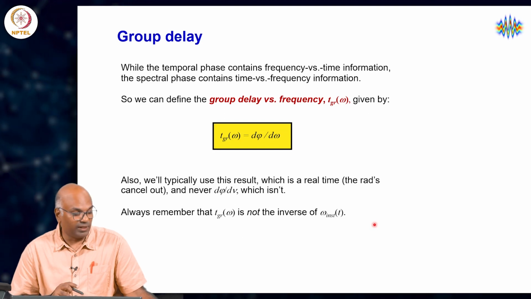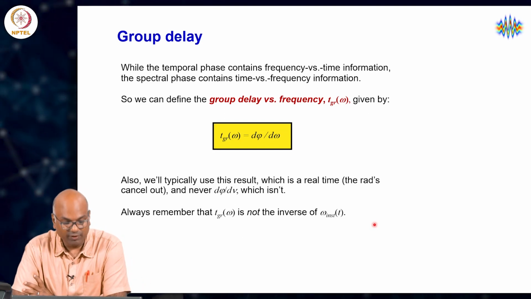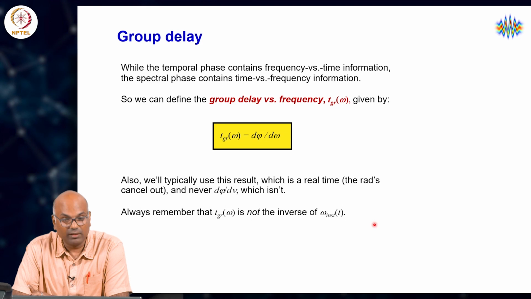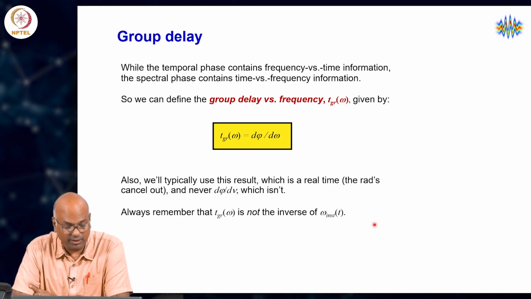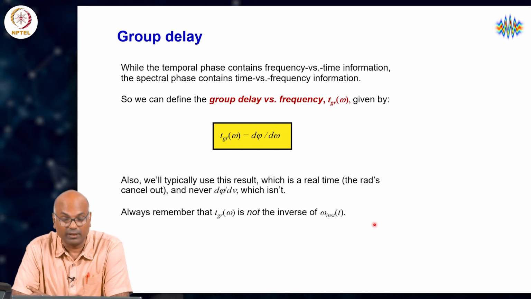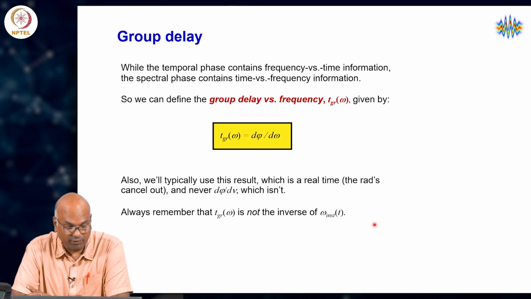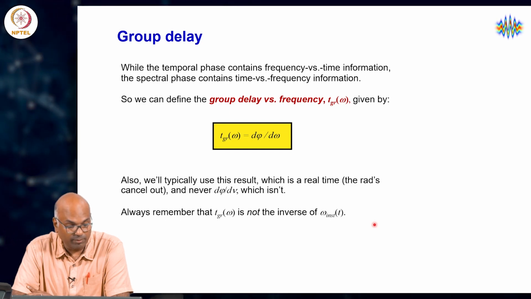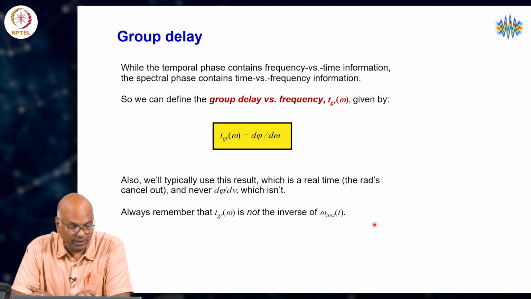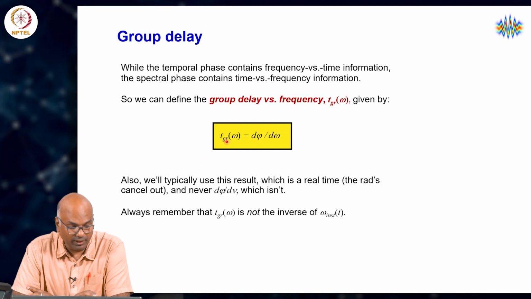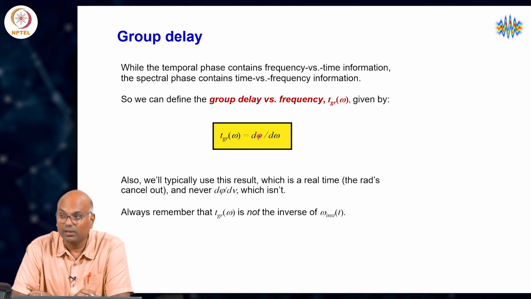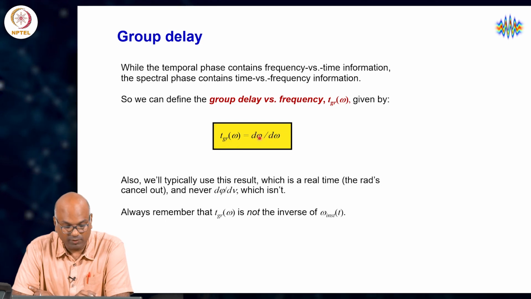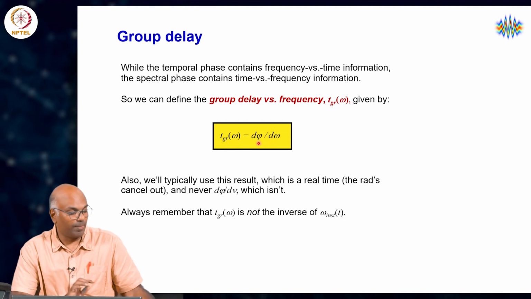In as much as we define an instantaneous frequency as d phi by dt, adding or subtracting from the carrier frequency, we can do something similar in the frequency domain to define a quantity called the group delay, which is analogous in terms of the fact that it is d phi by d omega.